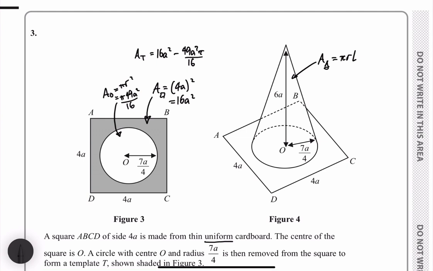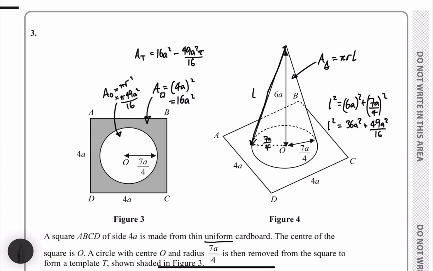We need to know this here, and we can do that using Pythagoras because we're given that this is 7a over 4, and of course the height is 6a. So L squared is equal to 6a all squared plus 7a over 4 all squared, 36a squared plus 49a squared over 16.